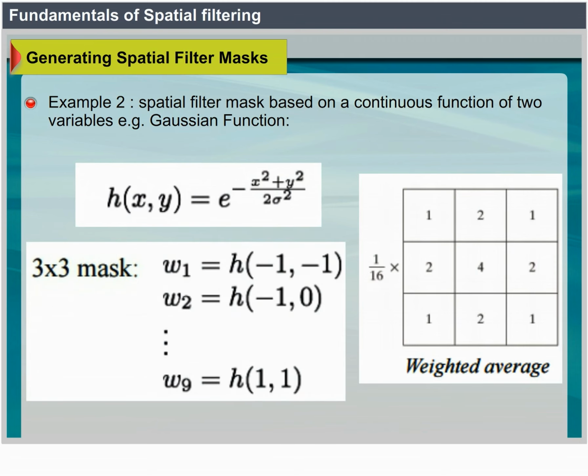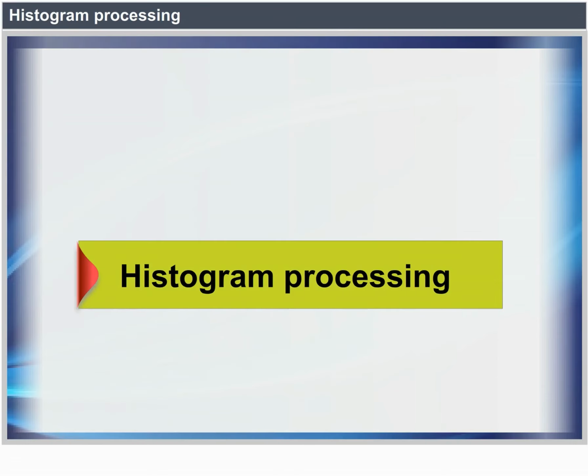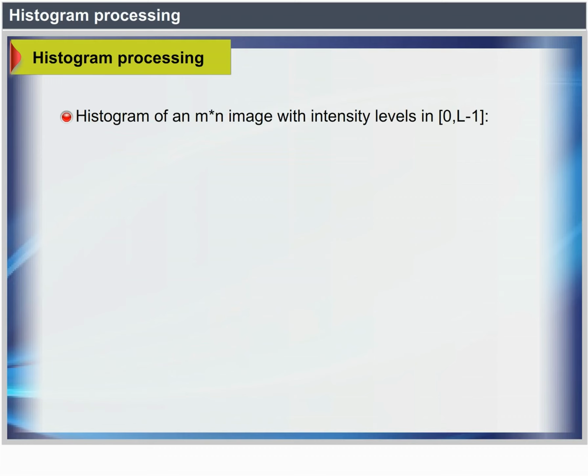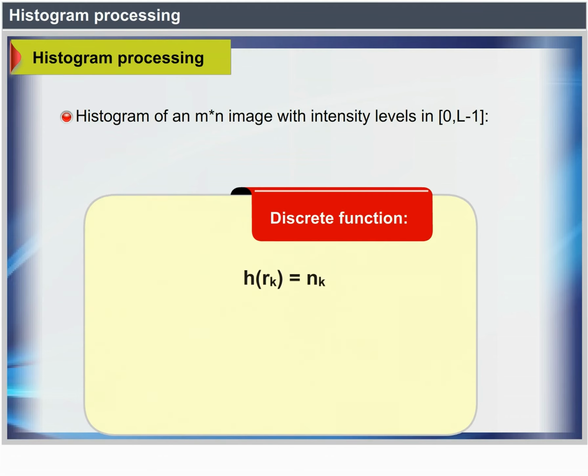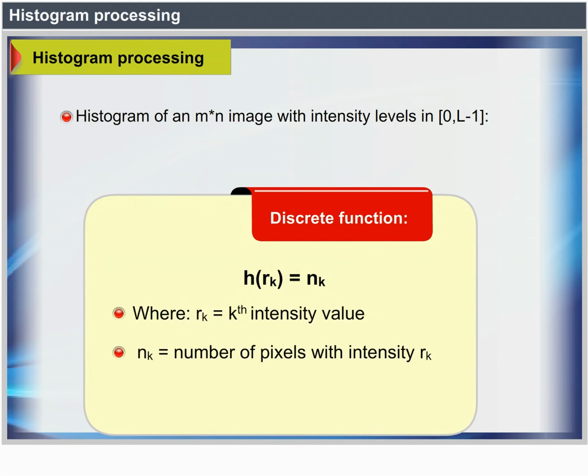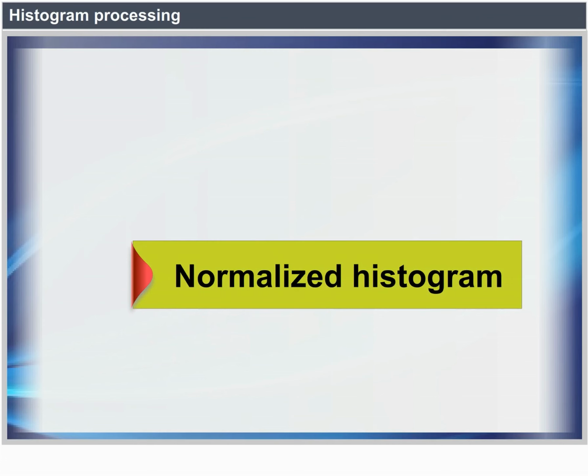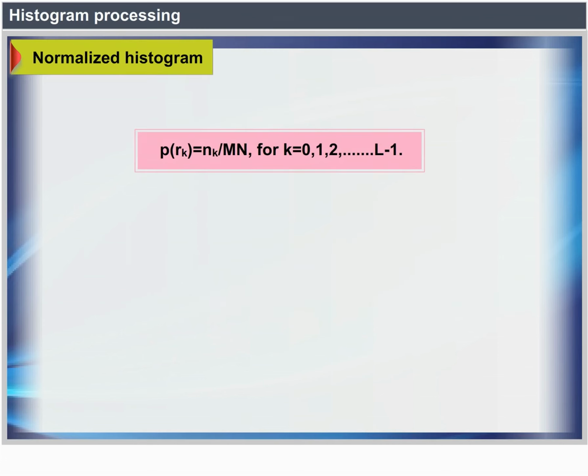Normalized histogram p(rk) equals nk divided by mn, for k equals 0, 1, 2 up to L-1. p(rk) is the estimate of the probability of occurrence of intensity level rk in the image. In a normalized histogram, the summation of k equals 0 to L-1 of p(rk) equals 1.